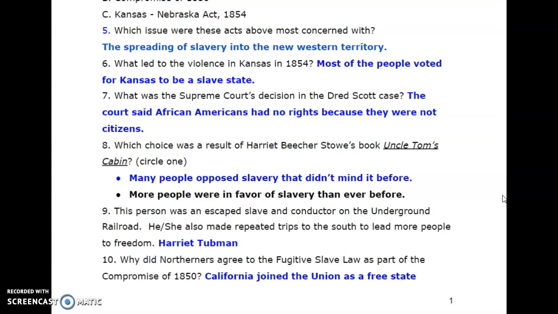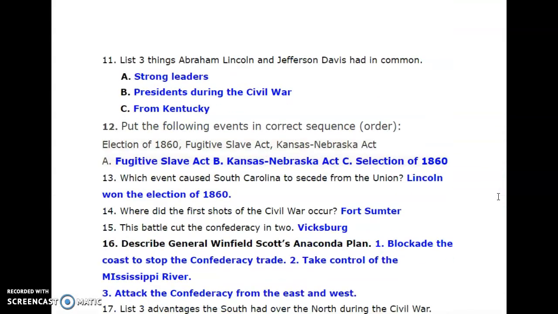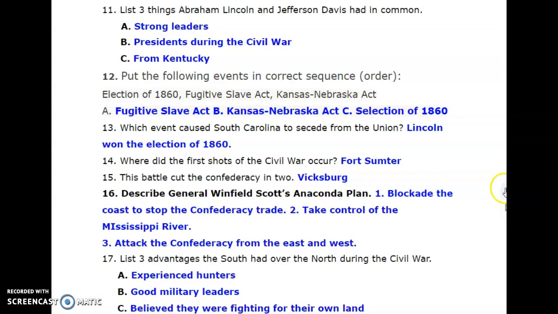They agreed to it because California was able to join the United States as a free state, and Northerners were very happy about that because that would give them more power in the House of Representatives and the Senate, as fewer representatives from a slave state would be in Congress as a result of California entering as a free state.